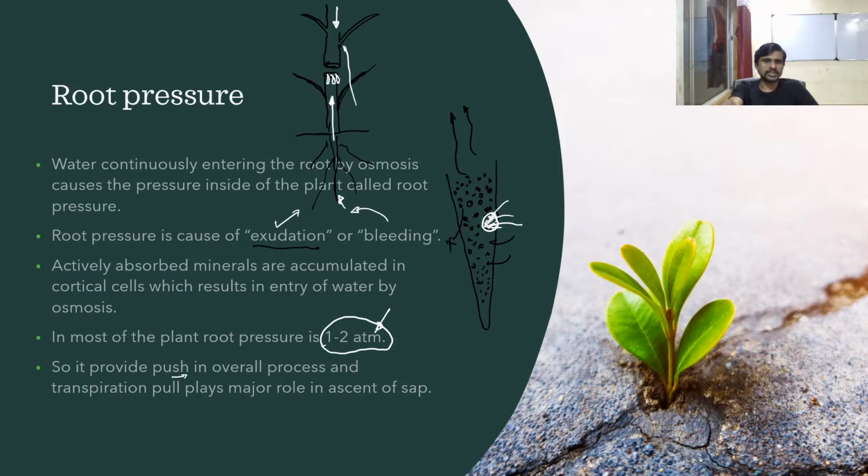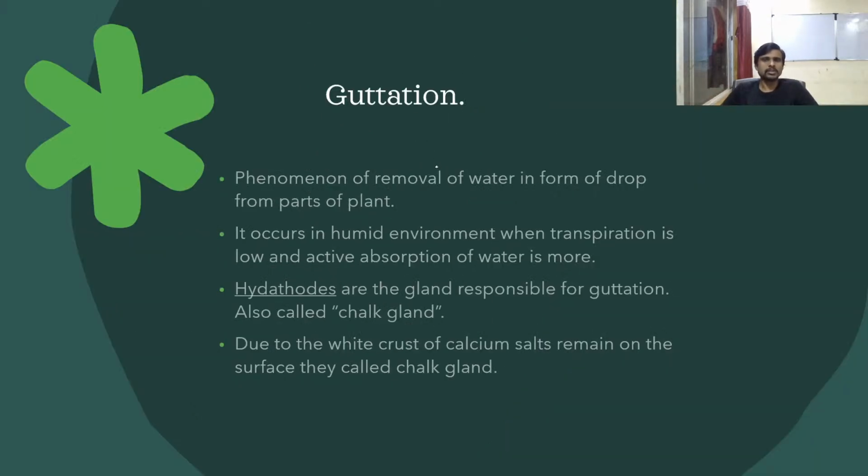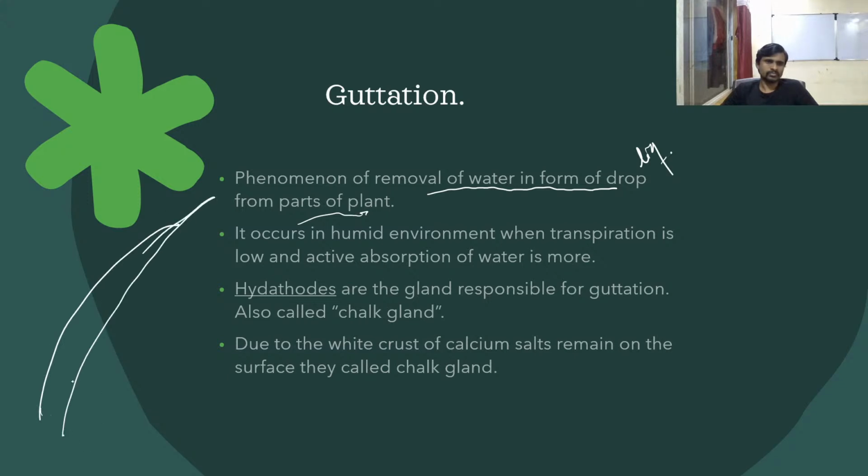Okay, so let's see what is meant by guttation. This is a phenomenon of removal of water in the form of a drop from a different part of a plant. Form of the drop means it's a liquid. You already saw this diagram, I know that. So for example, this is the blade of a grass.